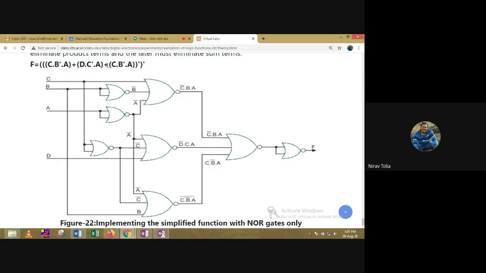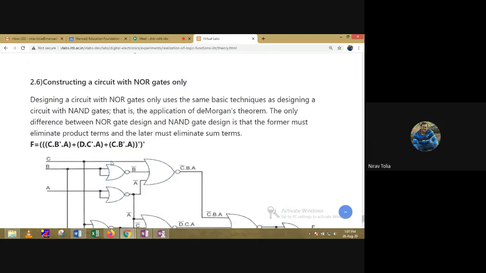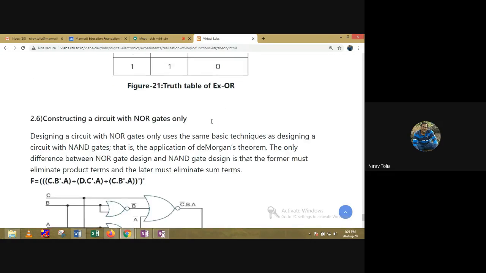If we require C into B bar into A like this, then we have to give C directly, also give A directly, and give a NOT gate at the input. So this is the construction of a circuit with NOR gates.